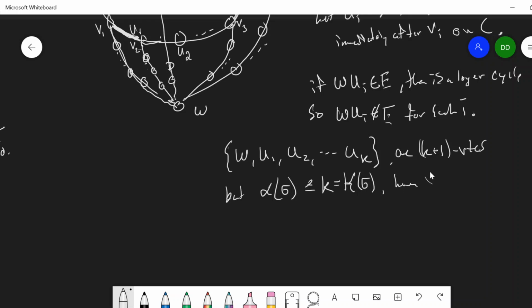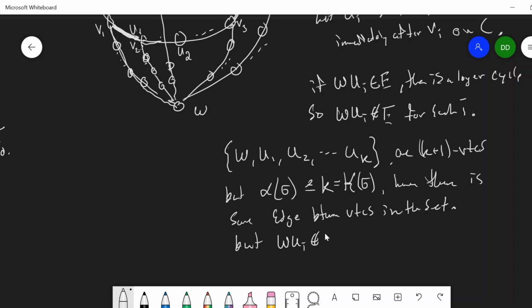Hence, this can't be an independent set. There is some edge between vertices in the set. Okay, so there's some pair of vertices up here that are adjacent, but I already showed that W U sub I is not an edge for each I. So what this means is that some pair in the U sub i's have to be adjacent.